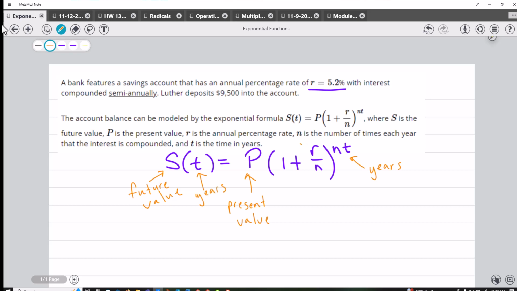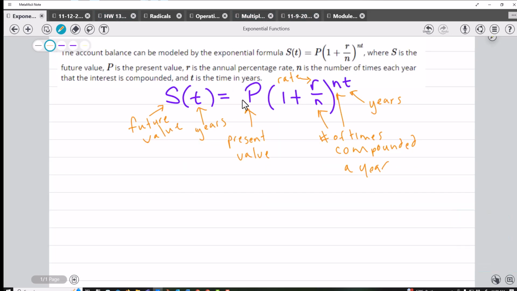And then the rate, which typically is given in years, that's what annual means. And then the n is the number of times compounded a year. So everything's put in terms of years.